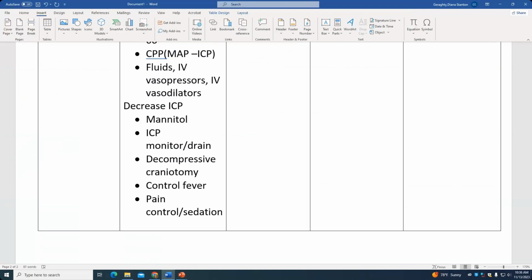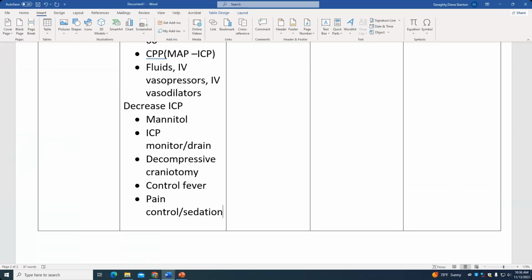And under that, if you want to write a little note to yourself, just make sure it's not opioid usually or benzo. Normally they don't want opioids or benzos because they mute your neuro exam. But in a patient that can't be controlled, so they're not responding, maybe they're wild, they're kicking, they're going all over the place, and their ICP keeps rising, or they're coughing and fighting the ventilator, and their ICP keeps rising, then we will say, you know what, none of this is working.